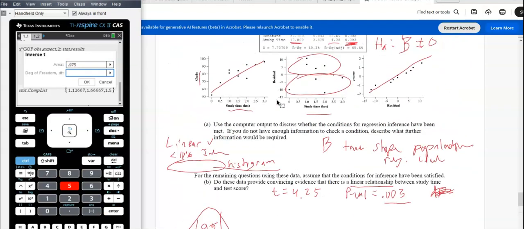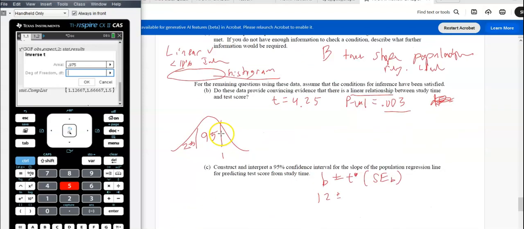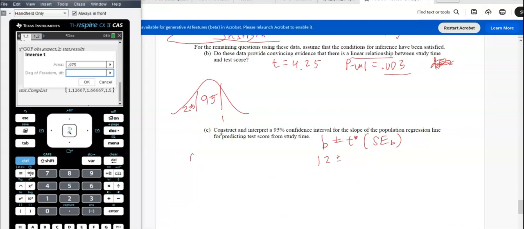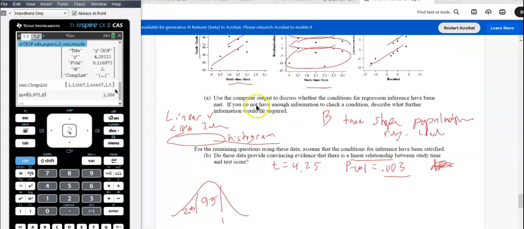Let's see, seems like we had 10, so 10 degrees of freedom is 10 minus... it's been a long time for this one, you have to get this straight. Degrees of freedom is n minus 2, so 10 minus 2 is 8. So you're going to put in the 8 here. And you get 2.306 times the standard error of the slope we're going to get from the data here.